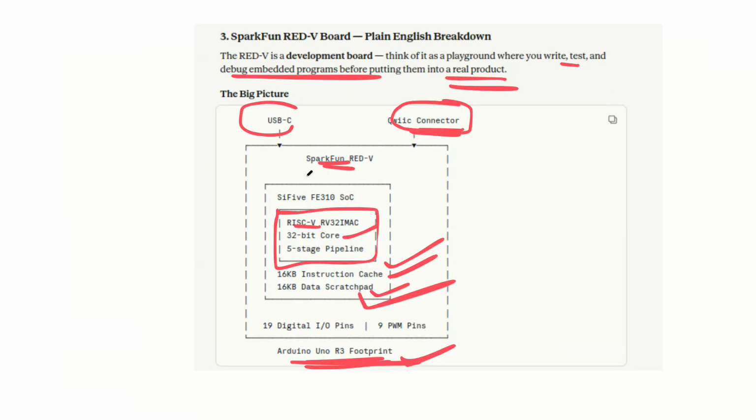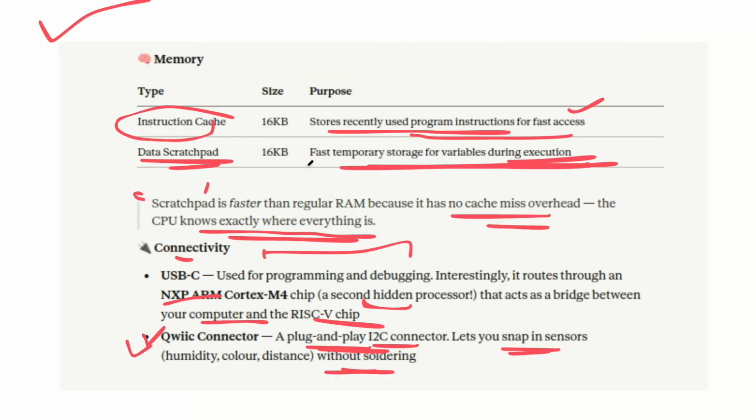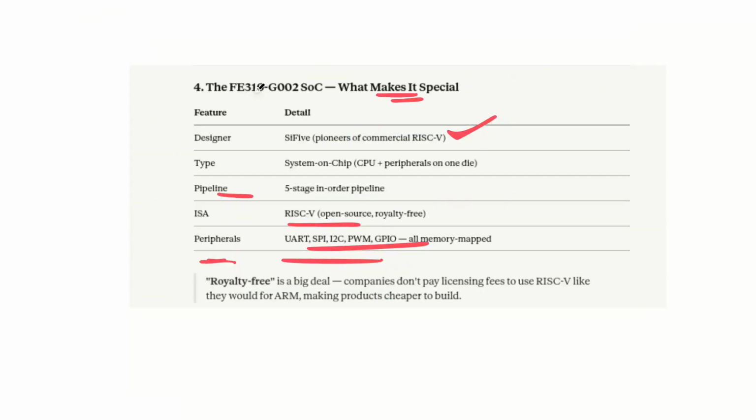Then we were talking about the features of the SiFive FE310 SoC. The designer is SiFive, the type is system on chip, the ISA is RISC-V, and peripherals UART, SPI, I2C, GPIO are all memory mapped.